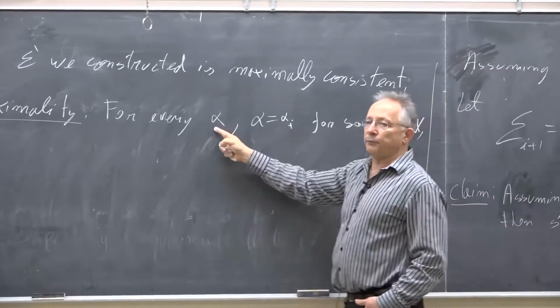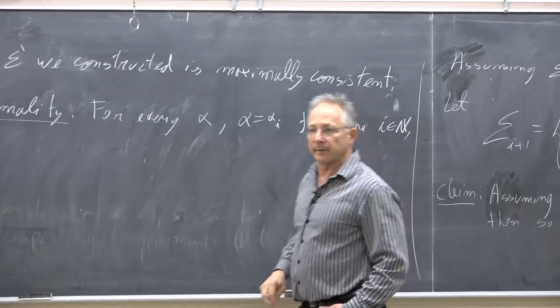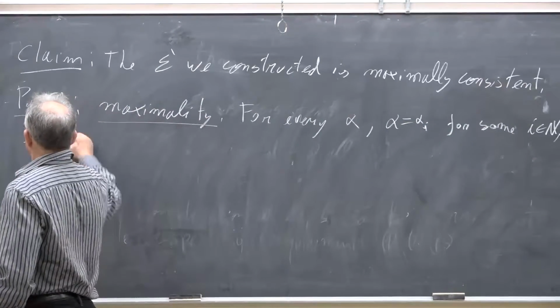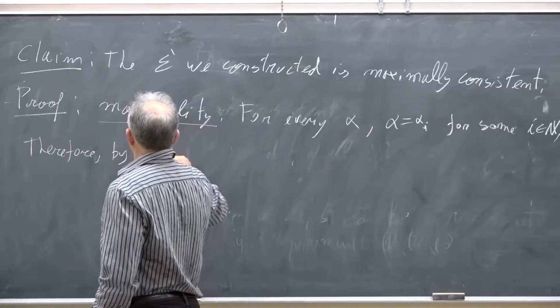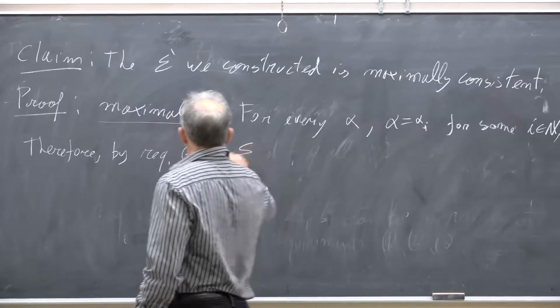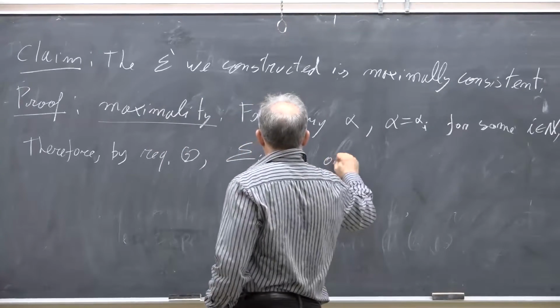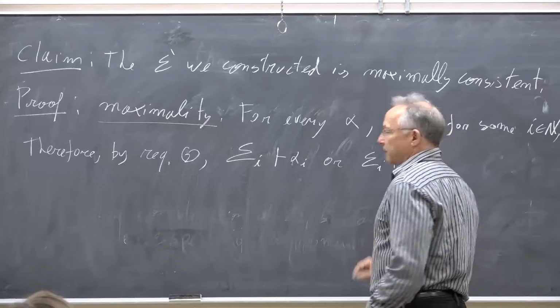So if you come up with some formula, it will be one of my alpha i's. Therefore, by requirement 2, sigma i proves alpha i, or sigma i proves the negation of alpha i.